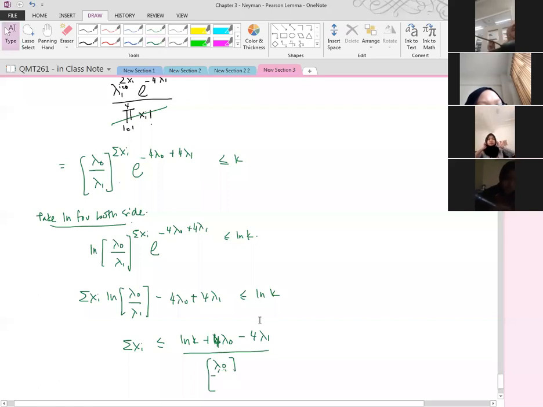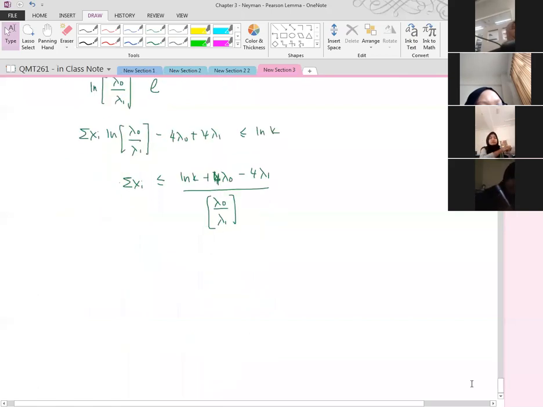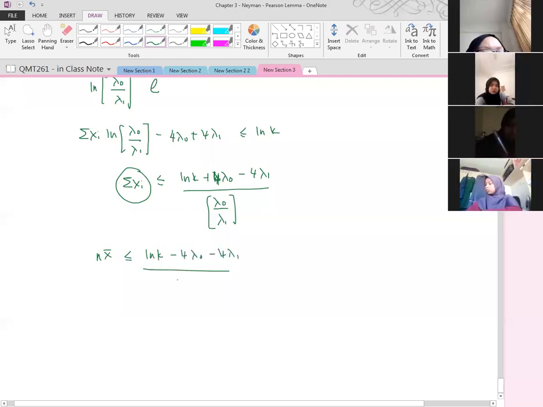As with the previous example, if you want to change this to x bar, it becomes n x bar less than or equal to ln k plus 4 lambda naught minus 4 lambda 1, divided by ln of lambda naught over lambda 1.